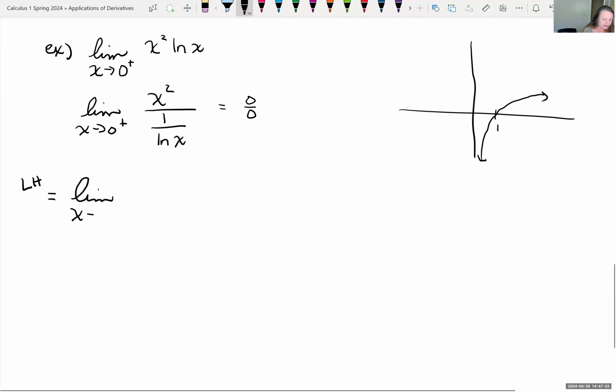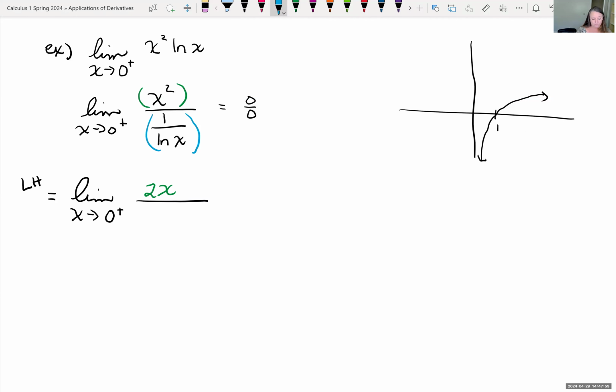I can just take the derivative of my numerator. So the derivative of x squared gives me 2x, all over the derivative of my denominator. We need to be a little bit careful here, because we need to use the quotient rule for that piece.